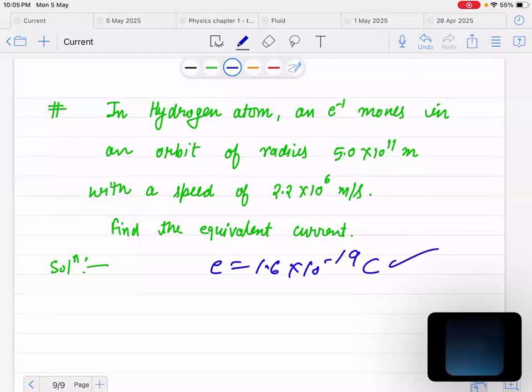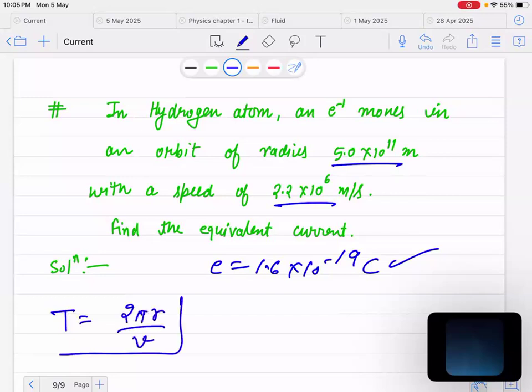How can you calculate the time? Radius is there, velocity is there. So time is distance upon speed: 2πr upon v. With the help of this formula, you can calculate time. And if you have time and charge, you can easily find the value of the electric current.